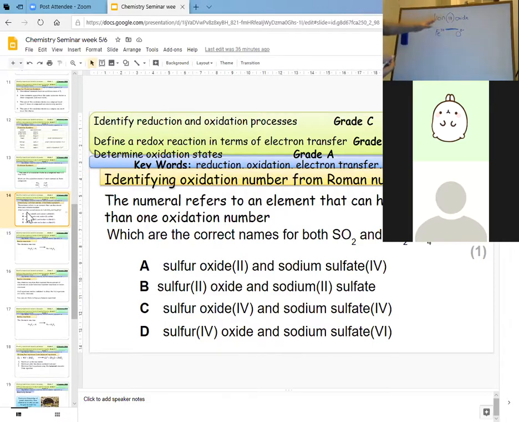So at the moment the charge doesn't match, so they won't bond. So what we need to do is find the nearest number that they both go into, which is 6. So it would be Fe2O3, which will give 2 times 3 is 6, minus 3 times 2 is 6, equals 0.